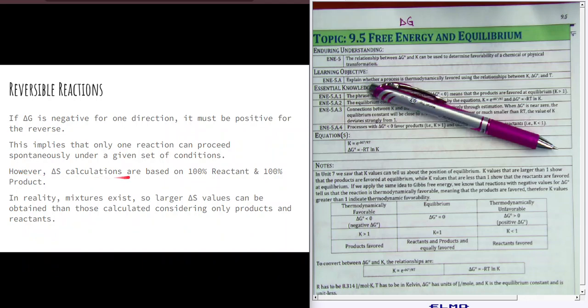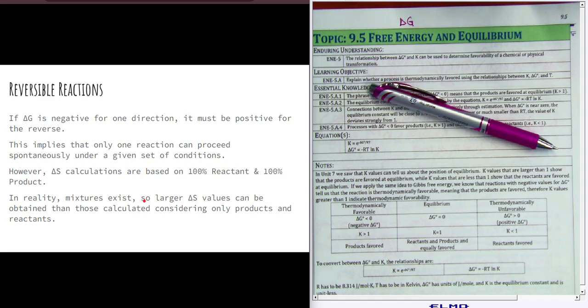However, the delta S calculations are based on 100% reactant and 100% product, or, really I should say, and/or. So when we calculate our delta S values, it's assuming 100%, but it's very rarely 100% reactant or 100% product. So in reality, mixtures exist.